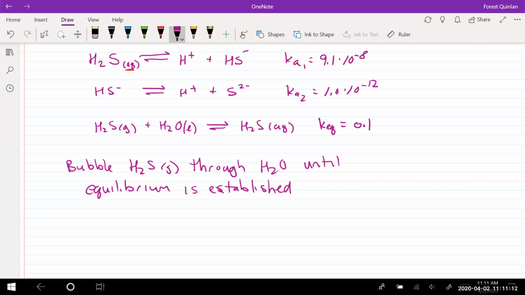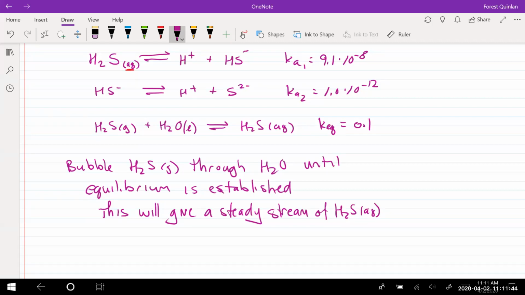Now, it doesn't take very long, because once you actually do that, you'll find that you make a constant steady stream of H2S aq, which means it'll give us H2S in solution.